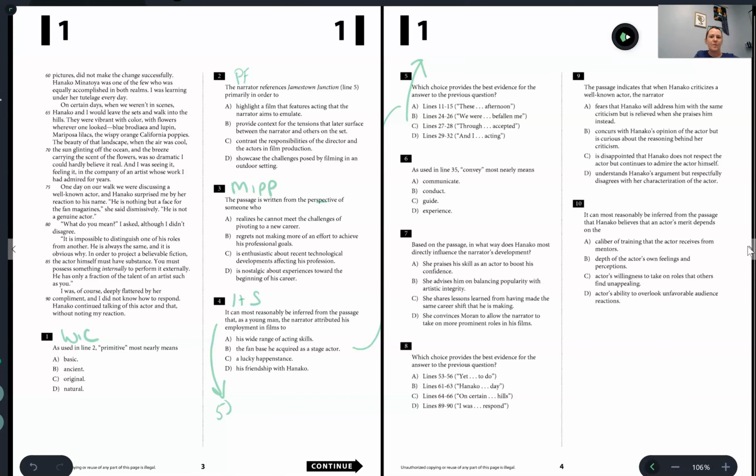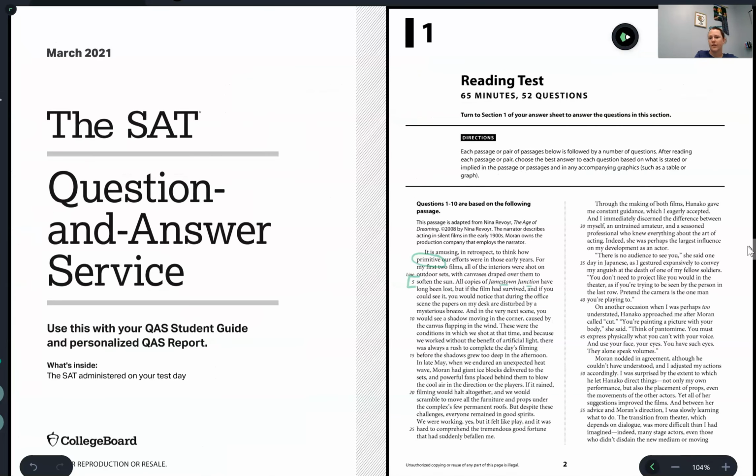That's the entire key. Number 6 looks like a classic word in context. We have "as used in line," we have a word in quotations or a small phrase, and then we have different words that could replace that. So let's go ahead and go to line 35, the word convey.